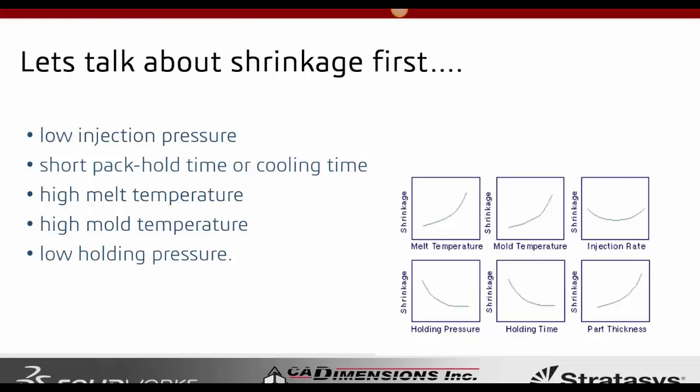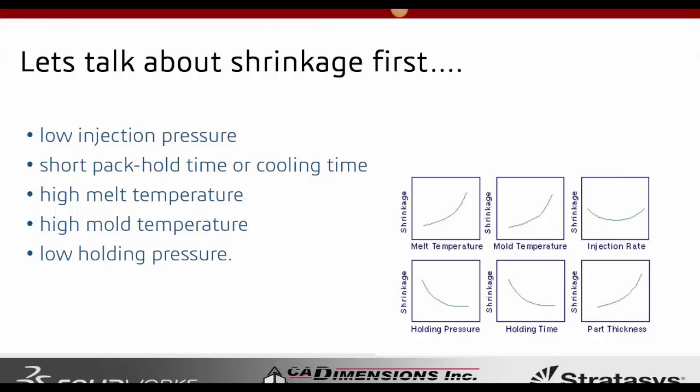So what is shrinkage? Shrinkage is essentially this phenomenon when you create your plastic part in injection molding, and after you have filled the cavity, you've packed it, you've held it, and before you start cooling the part, or even while you're cooling it, it starts to shrink due to the cooling rate of the polymer.